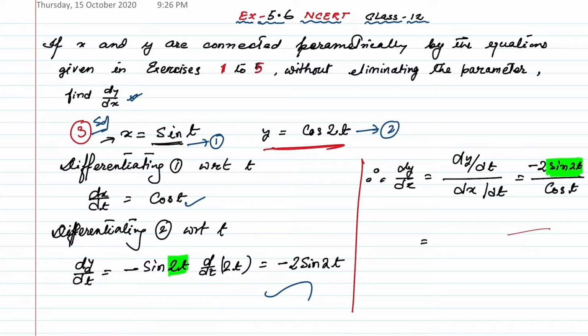So that's going to be equal to minus 2 times 2 sin t cos t by cos t. Okay, so here cos t will be cancelled, so here we got minus 4 sin t. So this is our answer, minus 4 sin t.